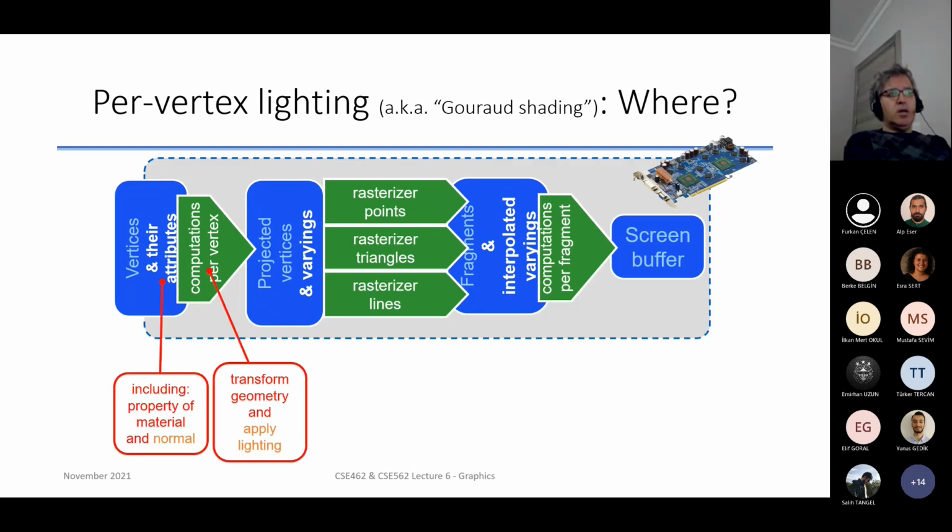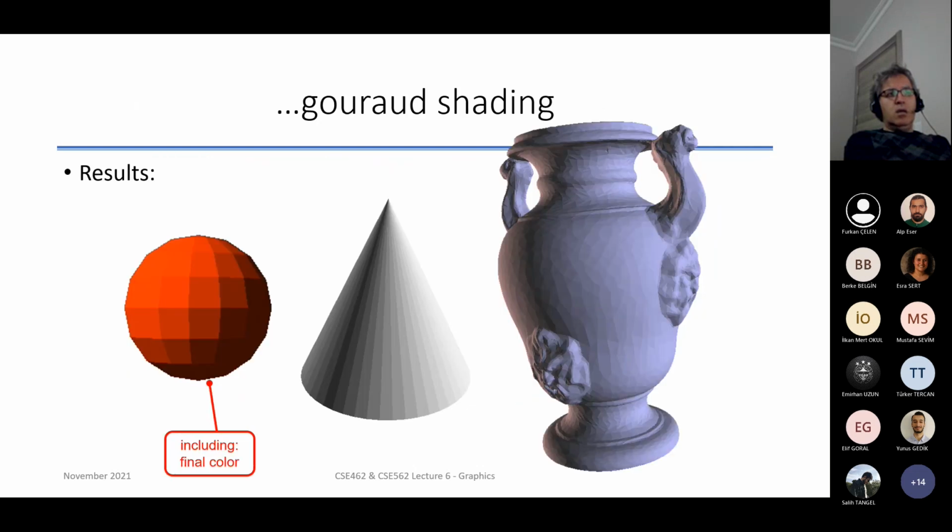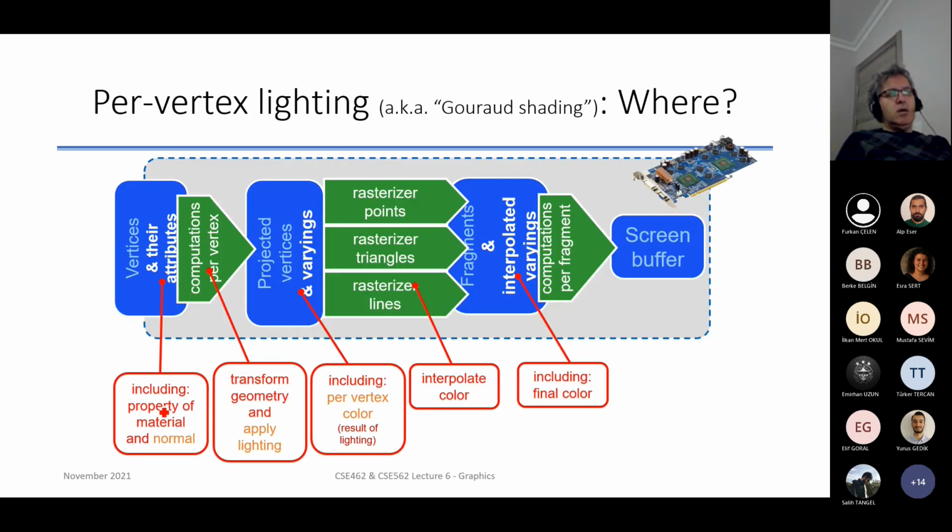And the way it works is this. You can include the properties of a material and the normal here. You can do the transformation here and apply lighting.